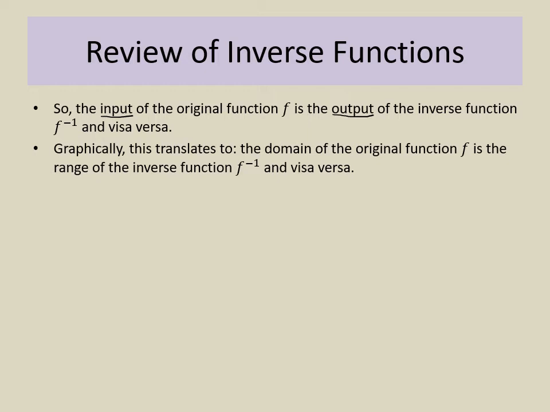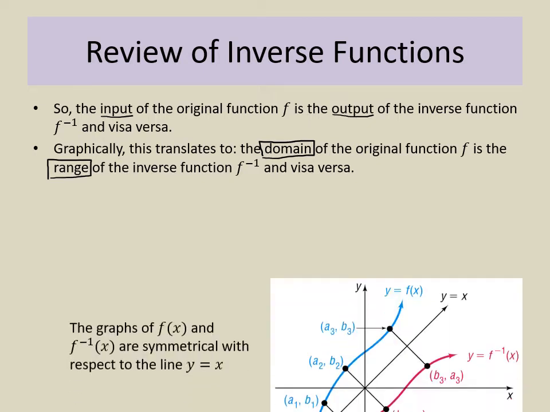If we're graphing a function and its inverse, this translates to the domain of the original function is the range of the inverse function and vice versa. The range of the original function becomes the domain of the inverse function. So graphically, the relationship between a function and its inverse is translated into domain and range. Let's see what that is graphed like.